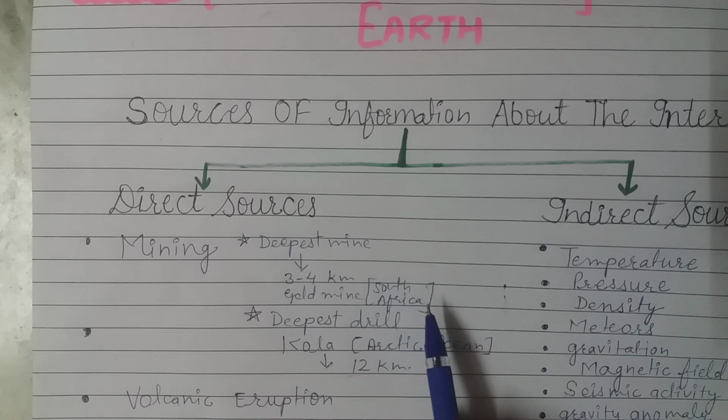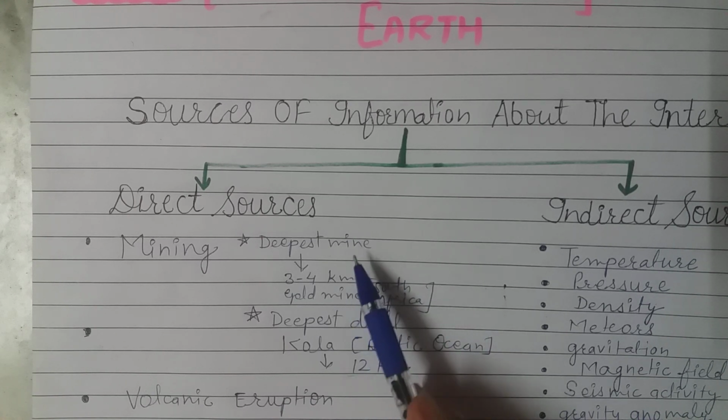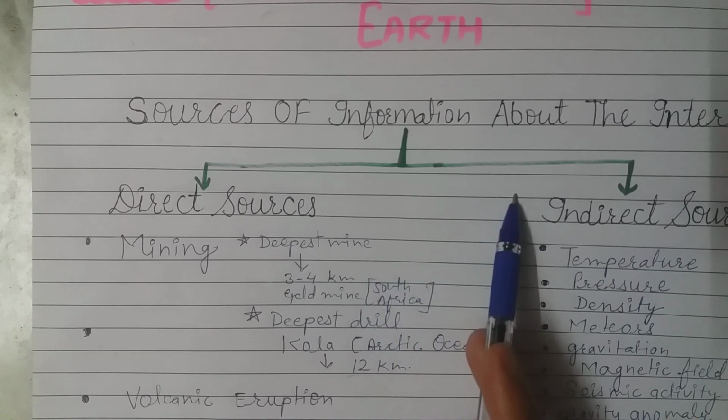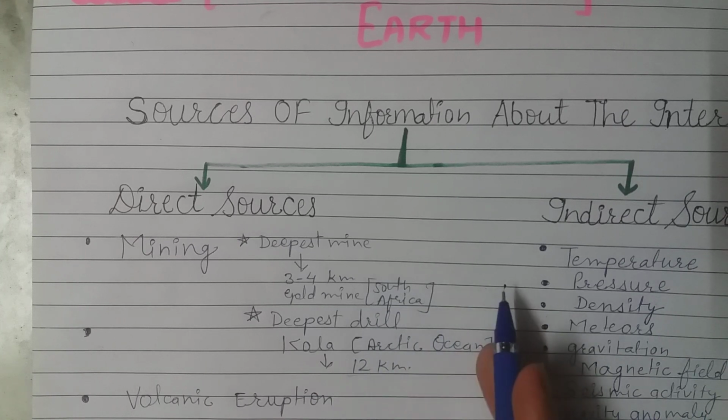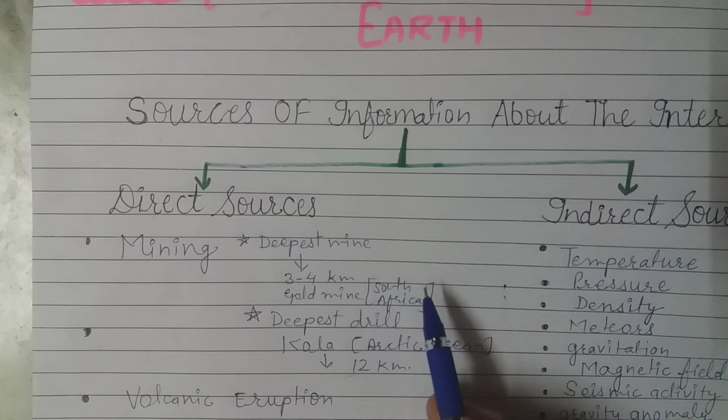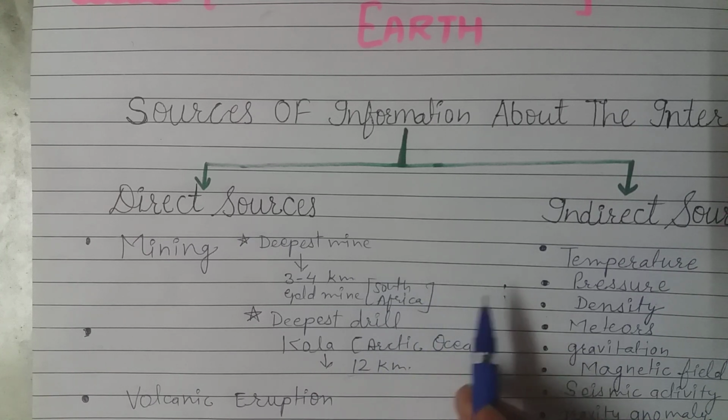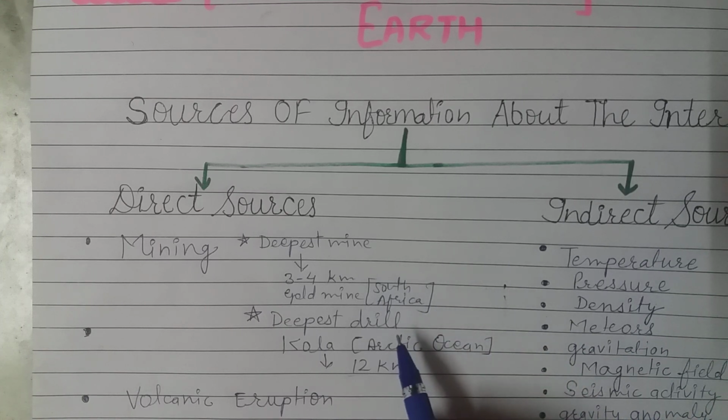This and many deep drilling projects have provided a large volume of information through the analysis of material collected at different depths. The second direct source is volcanic eruption. When molten material exists beneath the Earth's surface, it is called magma.